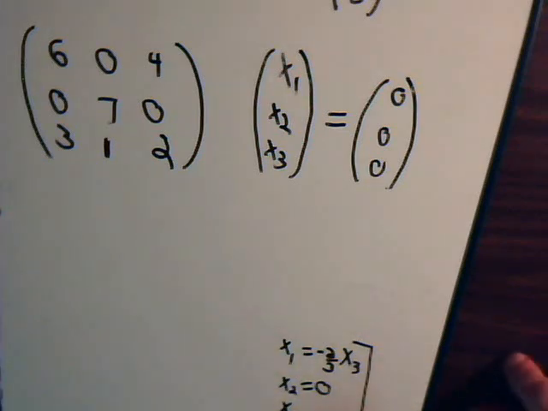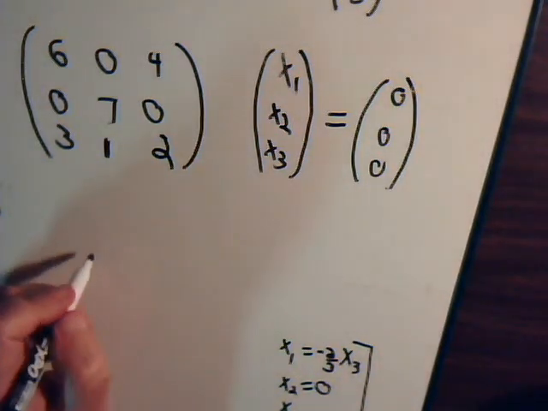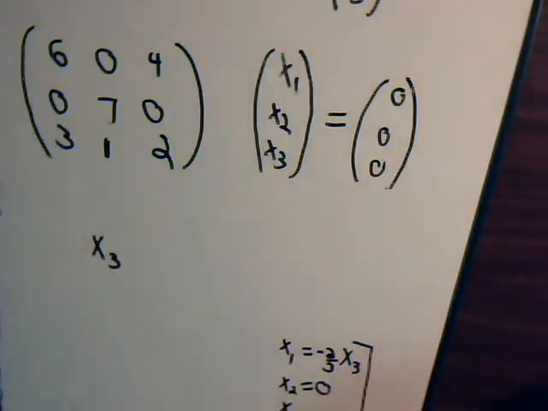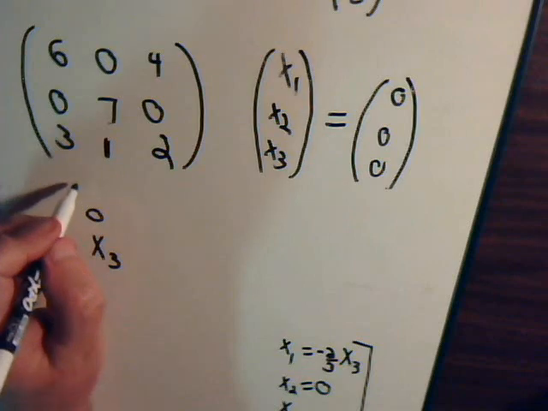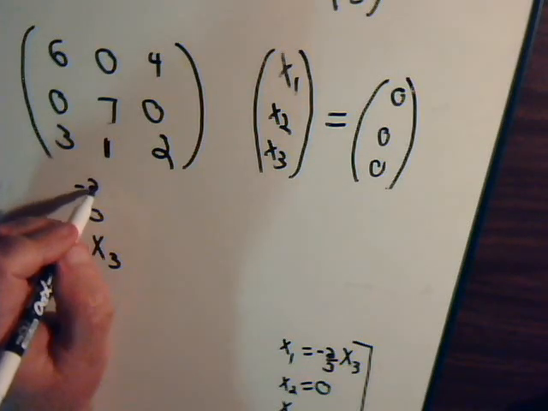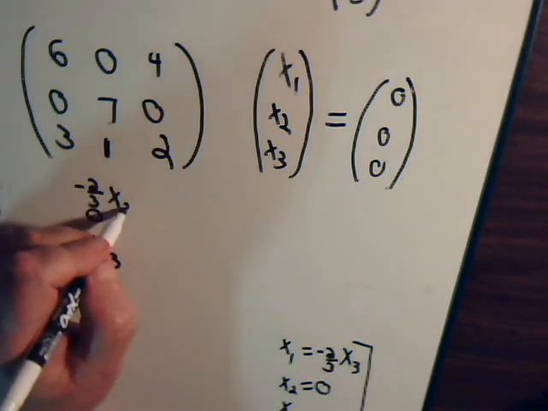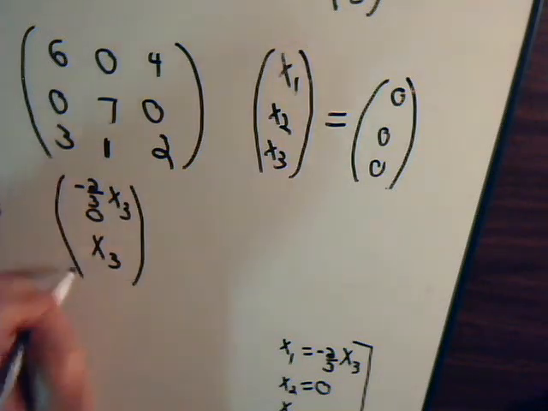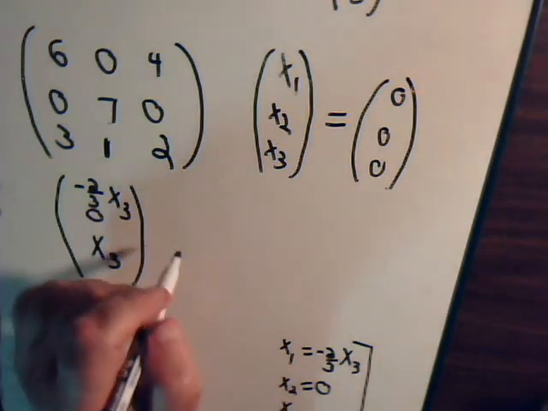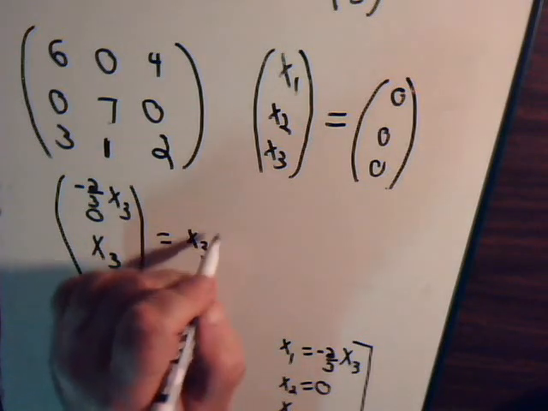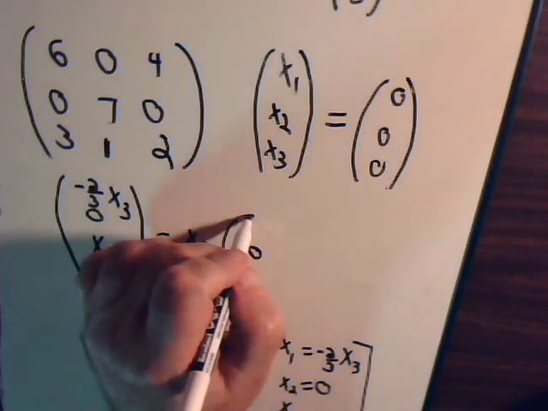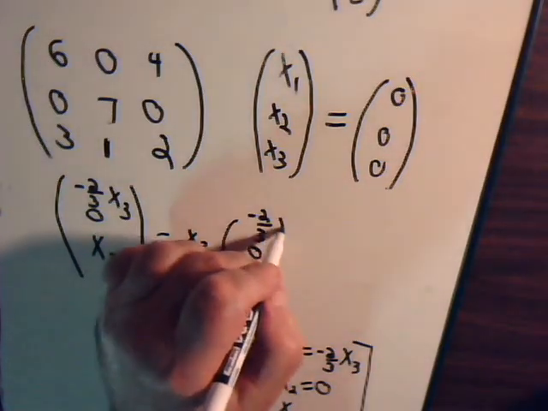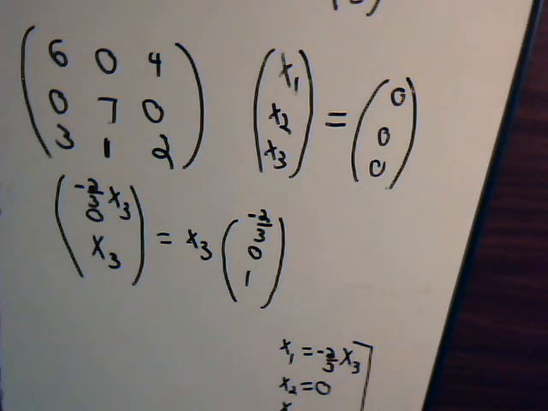Okay, so we have x3, that can be anything, x2 is 0, and x1 is minus 2/3 x3. Or we can take the x3 out here and we have 1, 0, minus 2/3. And there's the eigenvector.